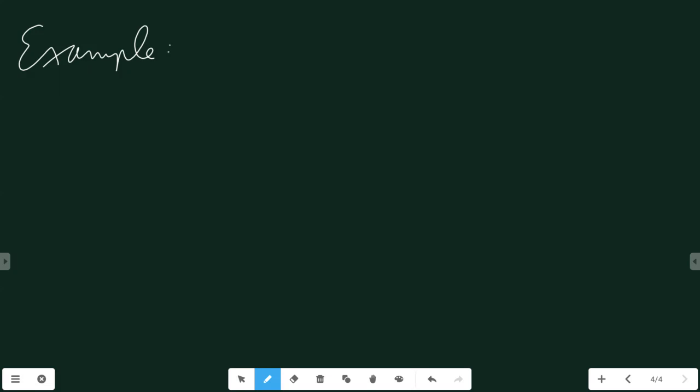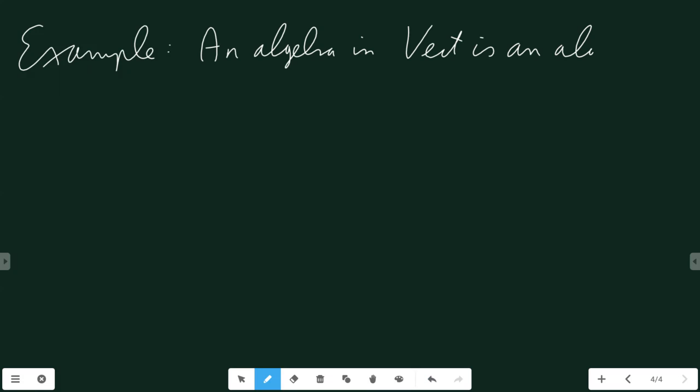So an algebra, for example, a vector space would be an algebra in the usual sense. And I've just written down an element-free definition of what it means to be an algebra.